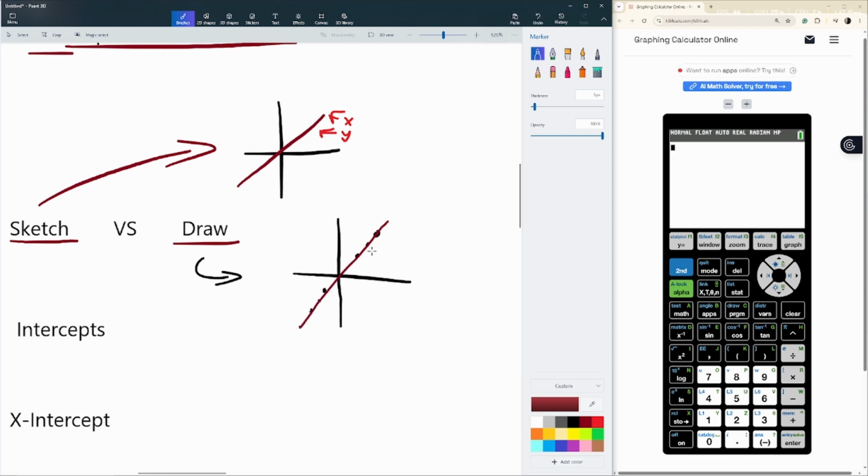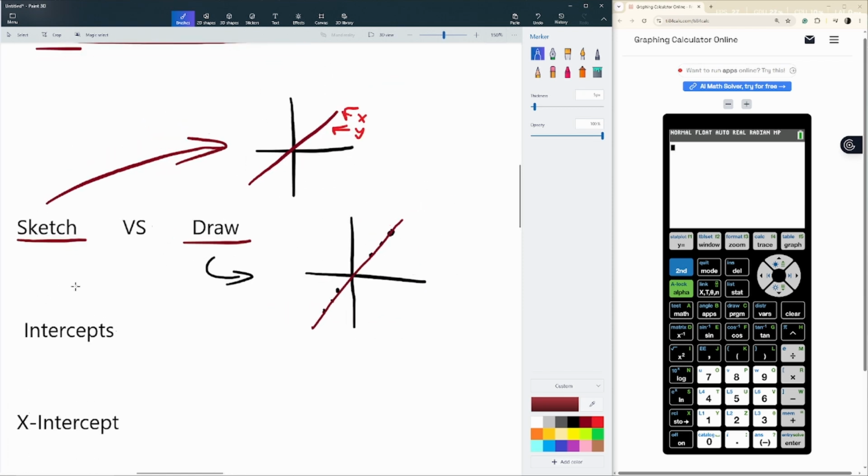And you have to show your function, show the x and y intercept, and be very precise. That's the difference. When sketching, you just give an overview of how the function looks. When you're told to draw it, you have to show a clear image of your graph.